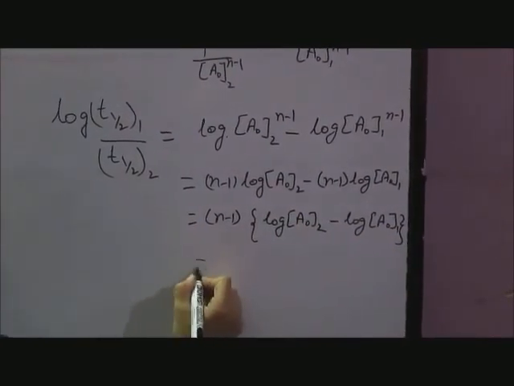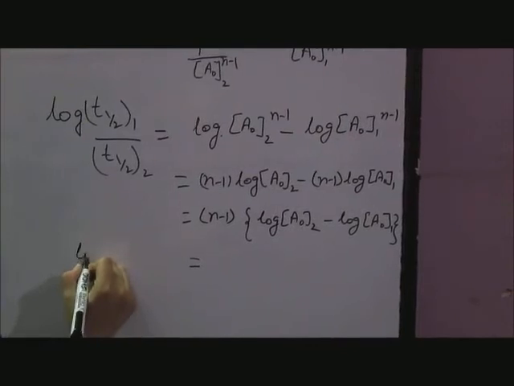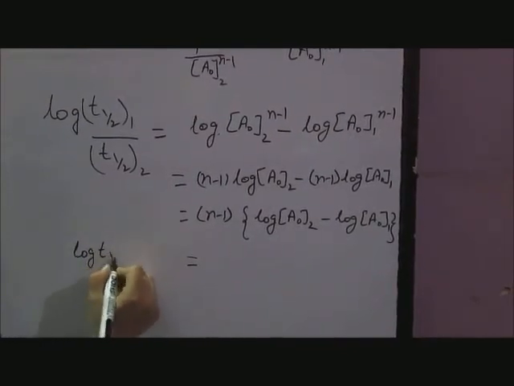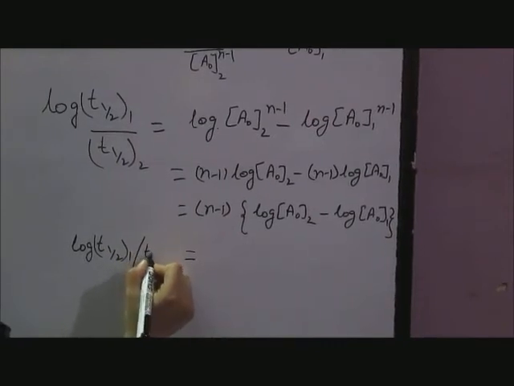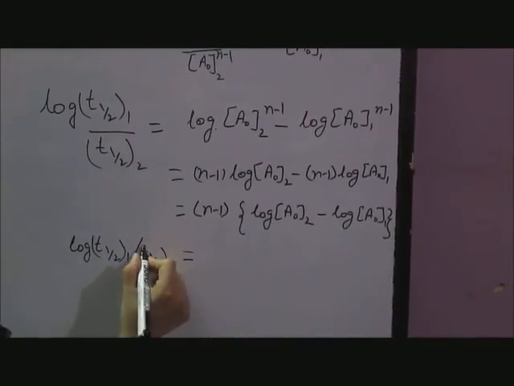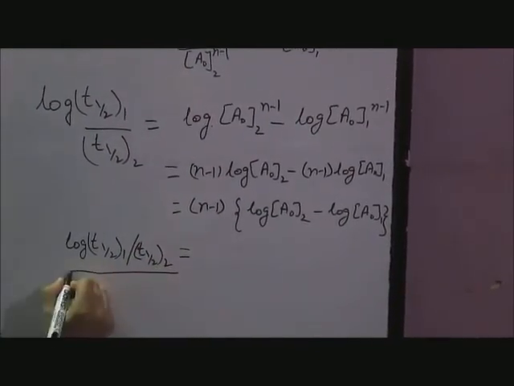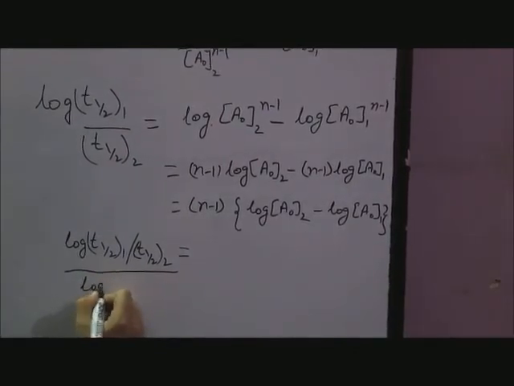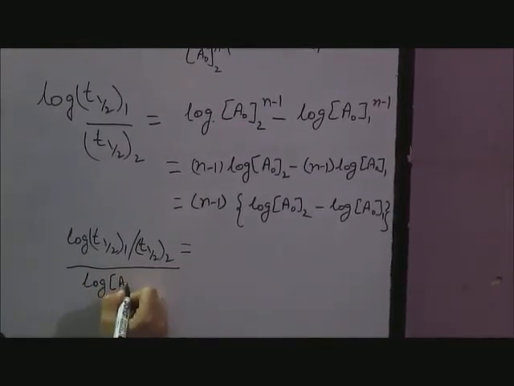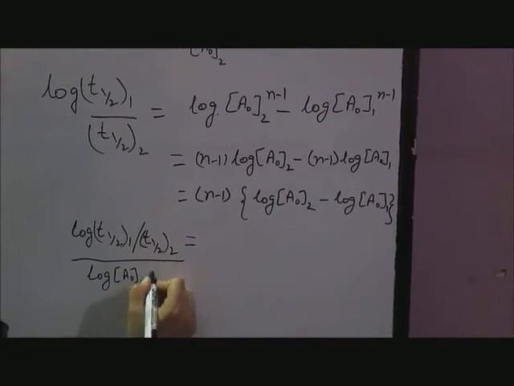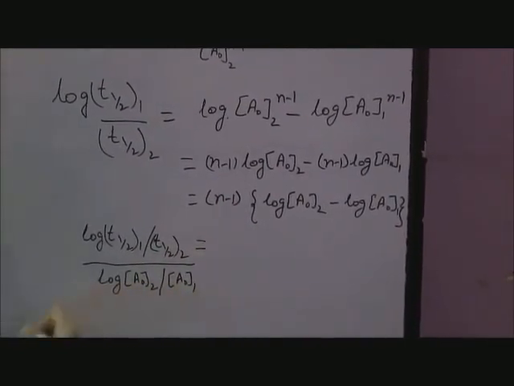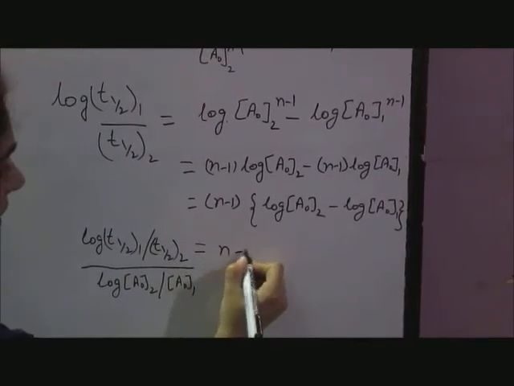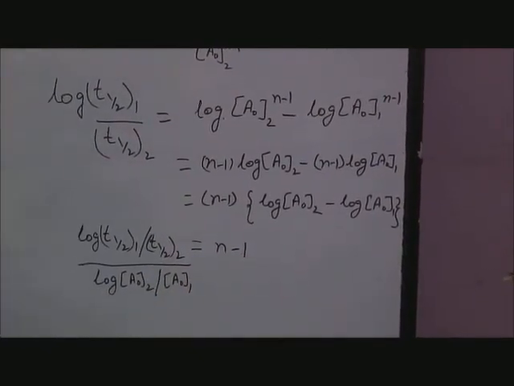Or log t half 1 upon t half 2 divided by log A naught 2 divided by A naught 1 is equal to n minus 1.